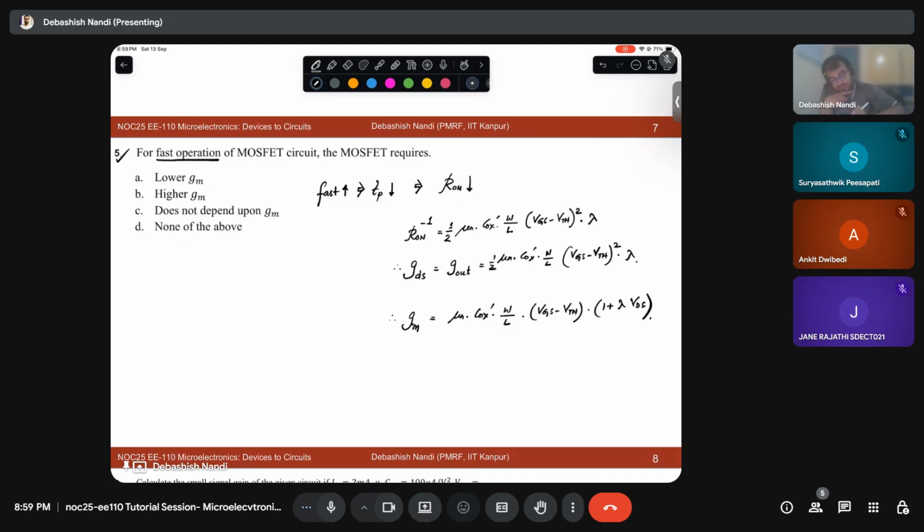So what is GM by GDS? Mu n Cox will get cancelled, 2 will come up. This by this will be VGS minus VTH times 1 plus lambda VDS divided by lambda.